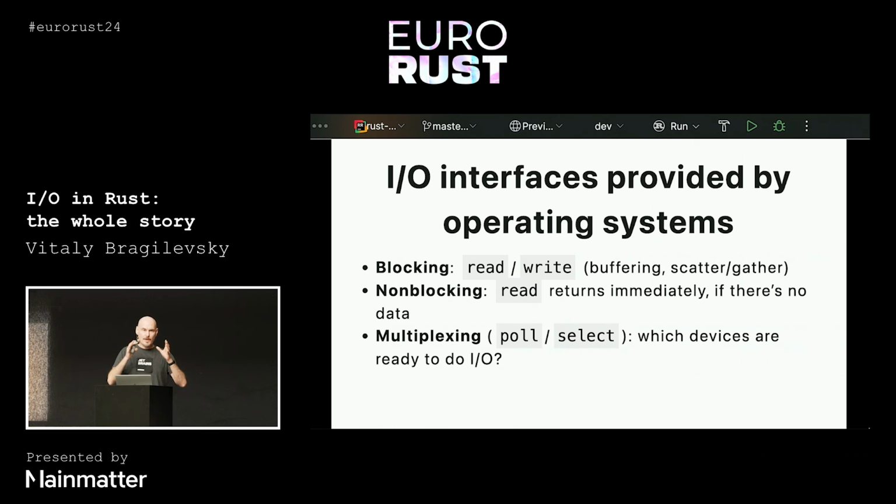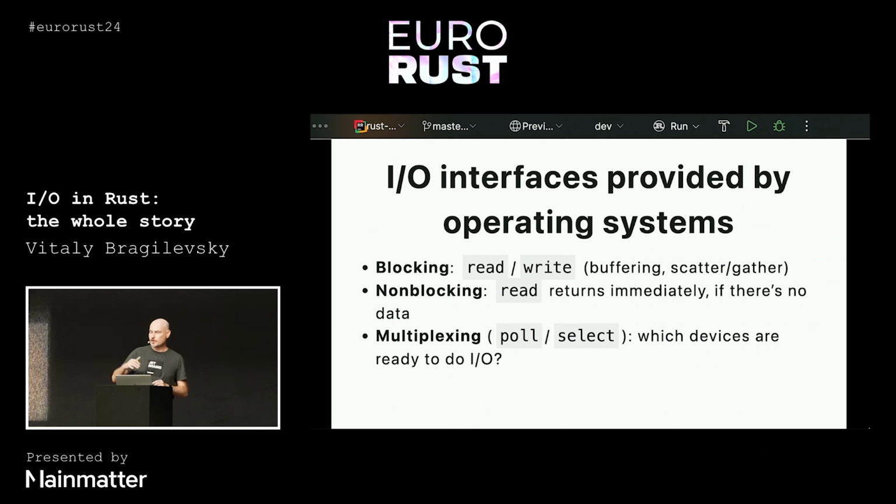Now, there is also multiplexing, a very important approach, which can be summarized as follows. You have a way to ask a set of devices which of them are ready to give you some information, or which of them are ready to accept information from you and pass it somewhere.